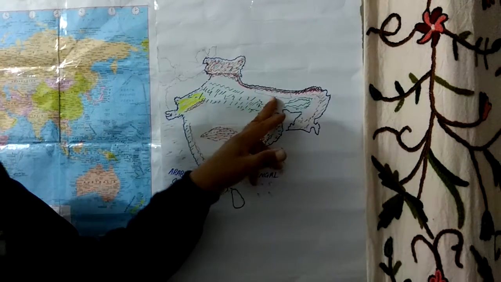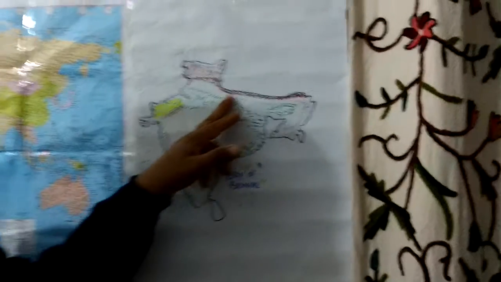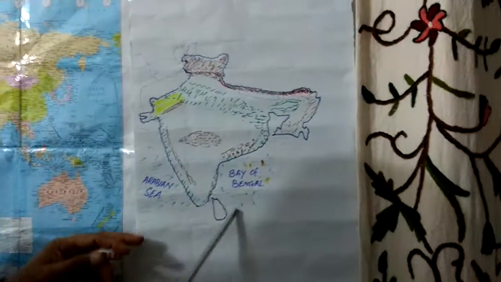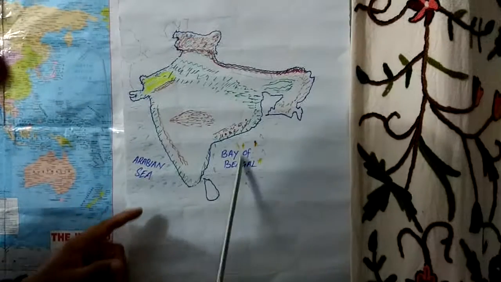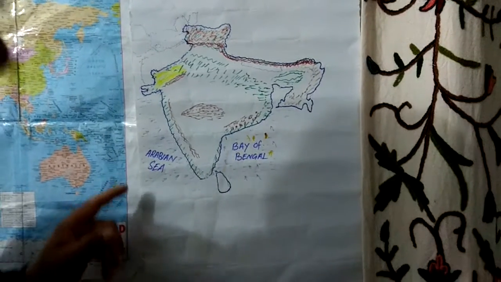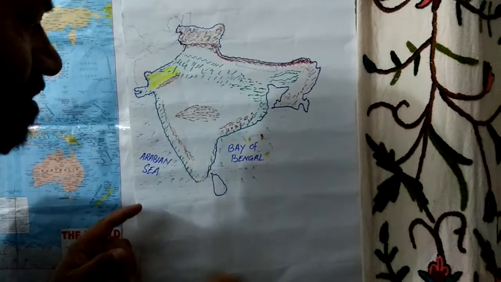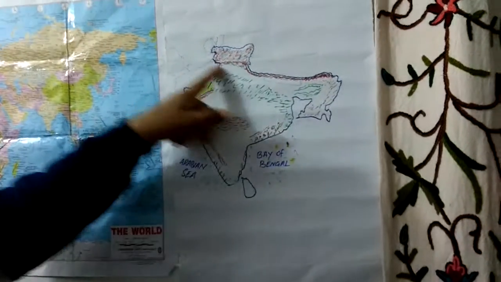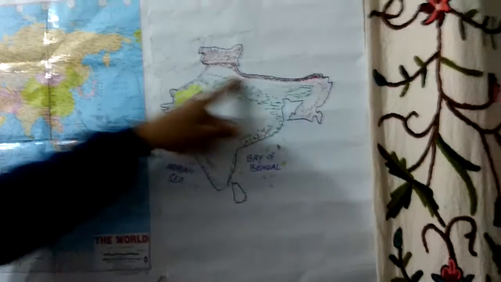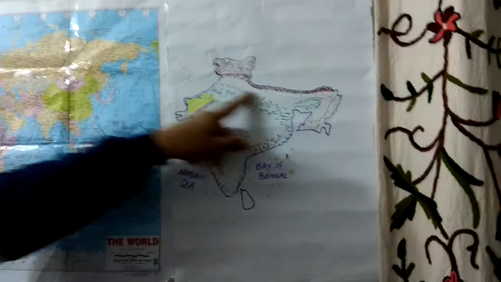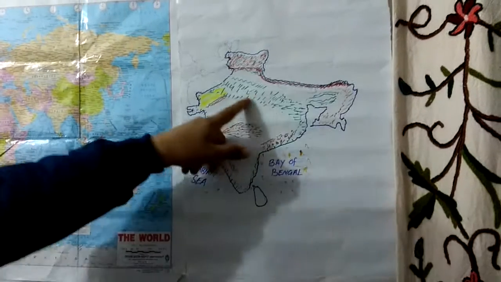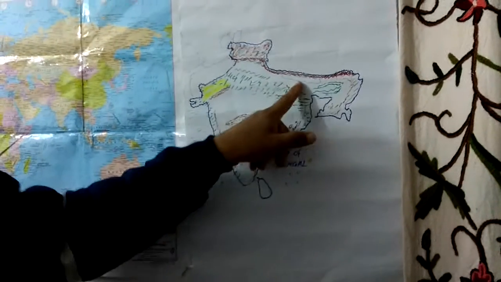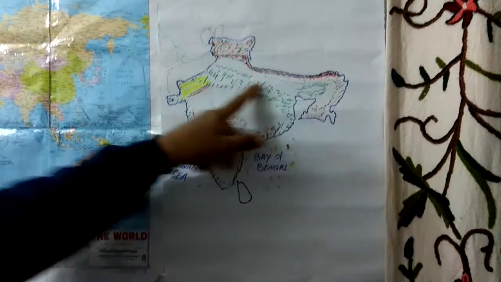This natural vegetation came into existence due to the action of these Arabian and Bay of Bengal seas. When this area is covered with heavy rainfall, this heavy rainfall gives us a natural gift that is known as natural vegetation. Number one.